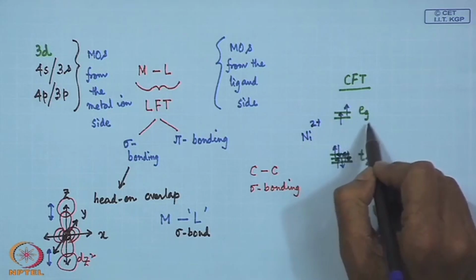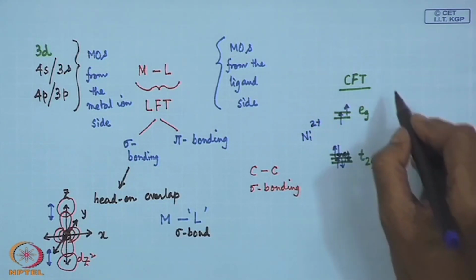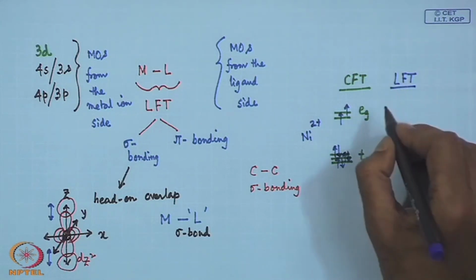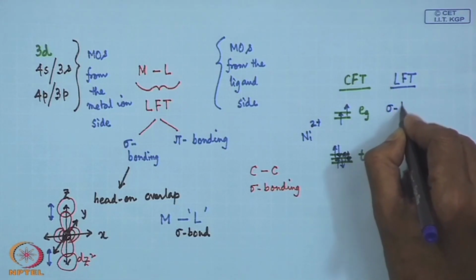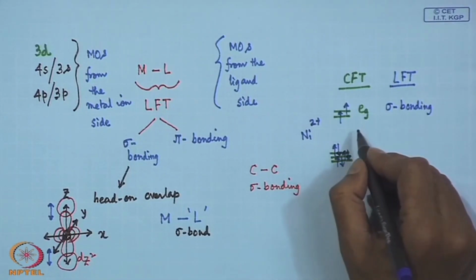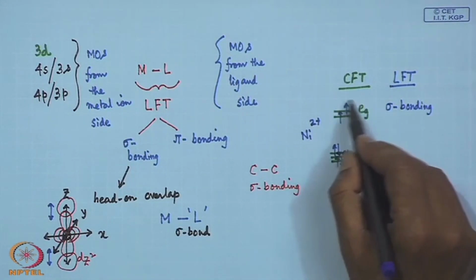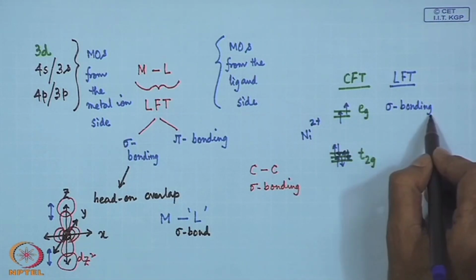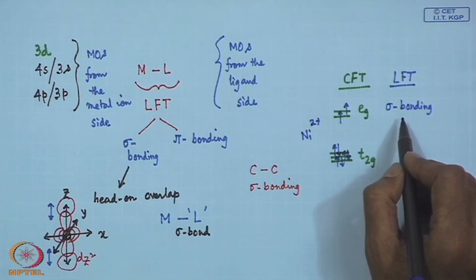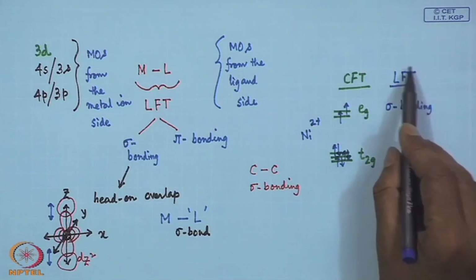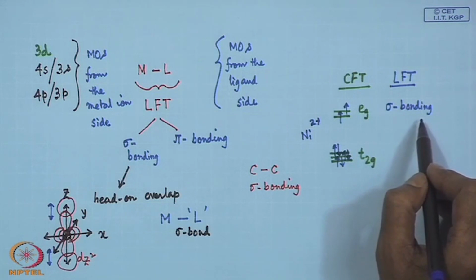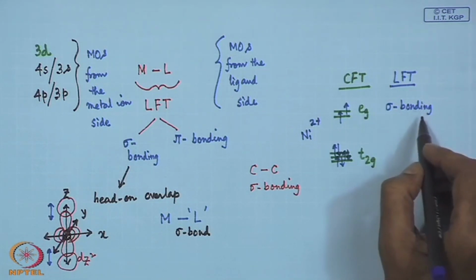Now in terms of ligand field theory, we find that the symmetry level is matching for sigma bonding for these Eg orbitals. So these two orbitals only can show some sigma bonding interaction for the nickel 2 plus ion with the ligand molecular orbitals, and they will show only sigma bonding interaction with the ligand system.